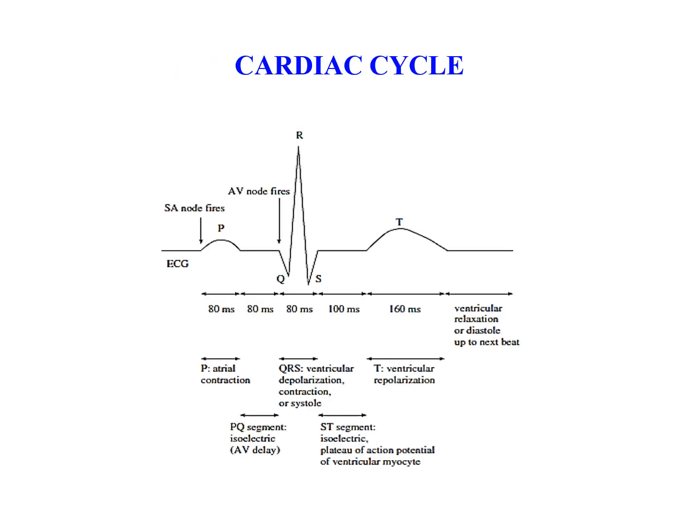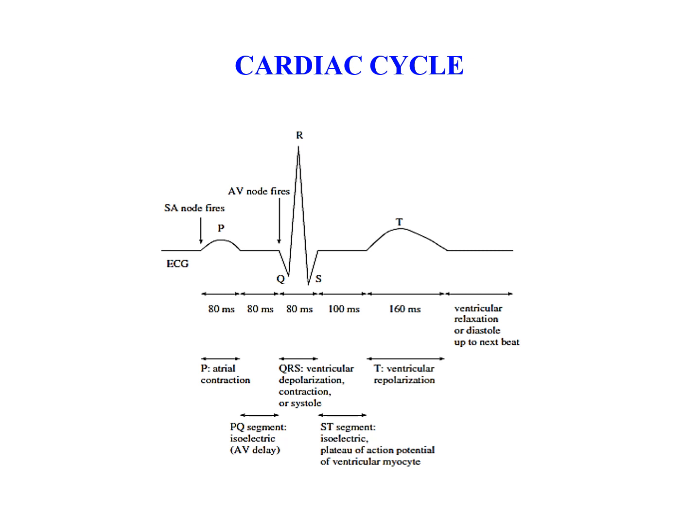This is the cardiac cycle. The SA node and AV node were already explained. P means atrial contraction, PQ means isoelectric segment, AV delay, and QRS means ventricular depolarization, contraction or systole. This is the ST segment.